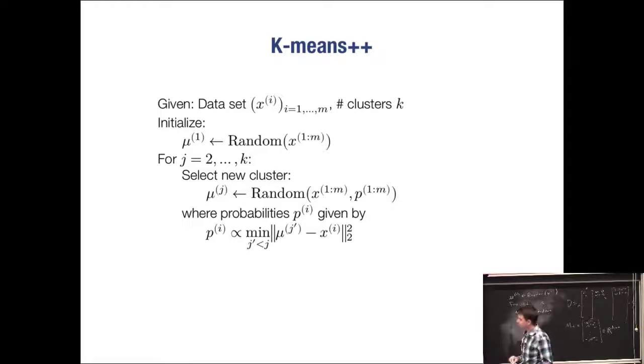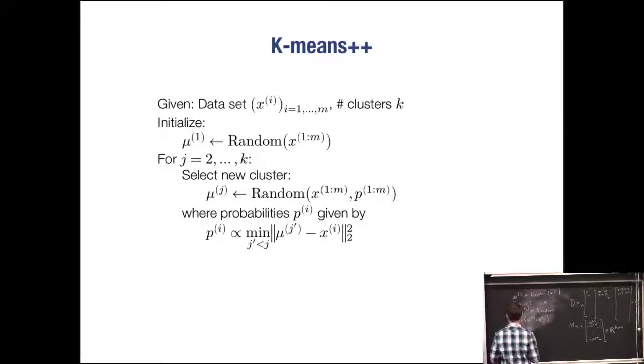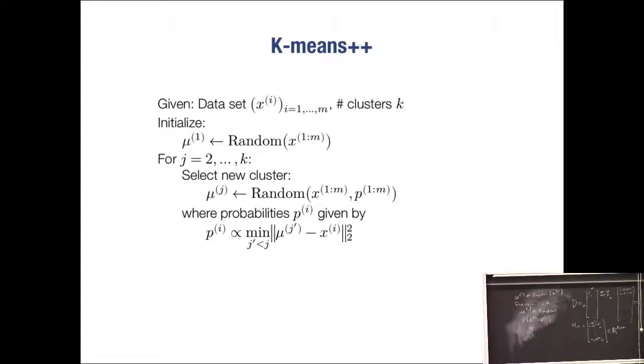But the probability that we select xi, which I'm calling pi, the probability that mu j equals xi, is proportional to the minimum distance between all past cluster centers and that point.